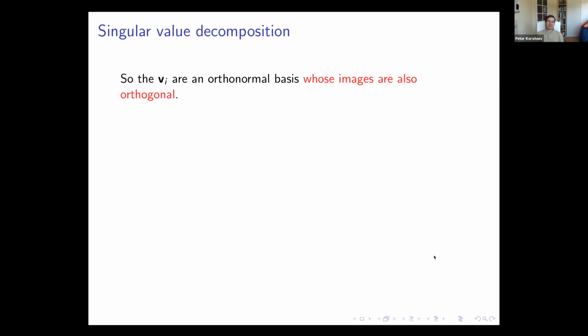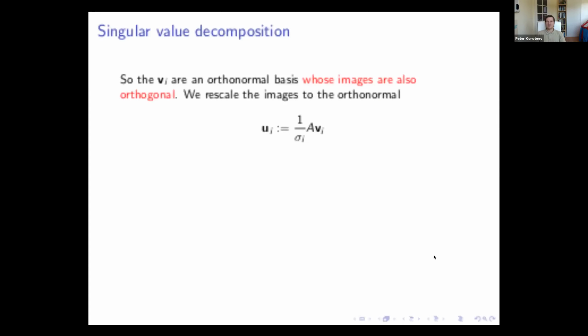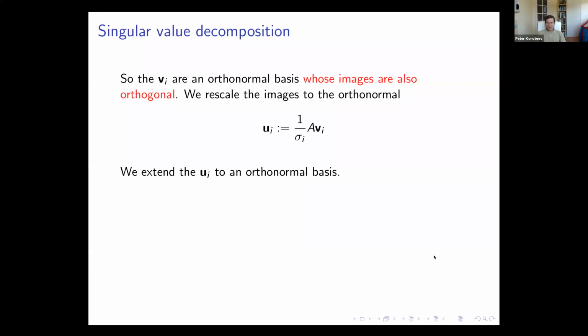So the vectors V_i form an orthonormal basis whose images under the linear map A are also orthogonal. We can now rescale the images of those vectors to be orthonormal, right? So we divide them by sigma_i, because remember sigma is the square root of the eigenvalue. So U_i are those normalized vectors, and we can extend the U_i to an orthonormal basis.